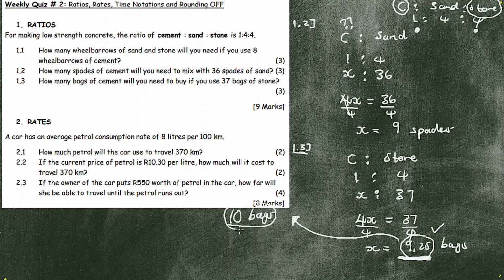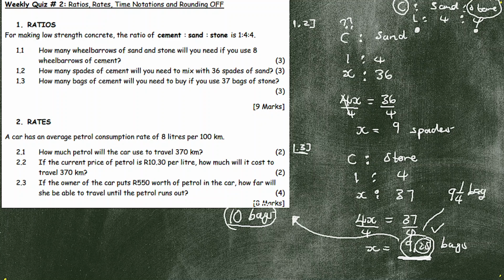Why? Because the answer, it has a decimal, right? So I'm rounding it off to 10 so that I can accommodate what? The decimal. I cannot buy 9.25 bags. I can only buy a full bag, right? So this is 9.25 of what? Of a bag.